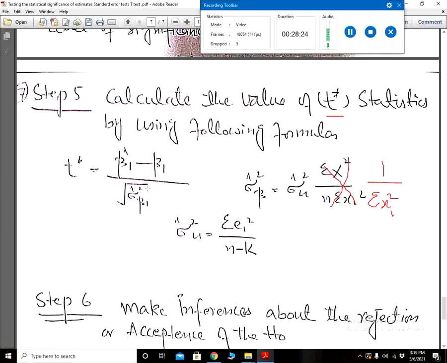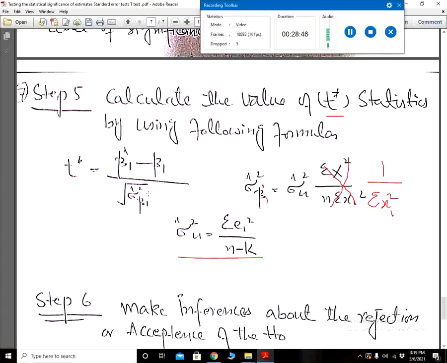And standard error is the square root of the variance of beta 1 cap. The variance of beta 1 cap is equal to the estimated population variance times 1 over summation xi square, and the estimated population variance is summation ei square divided by n minus k.